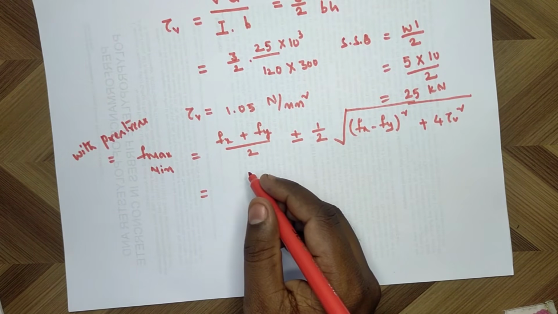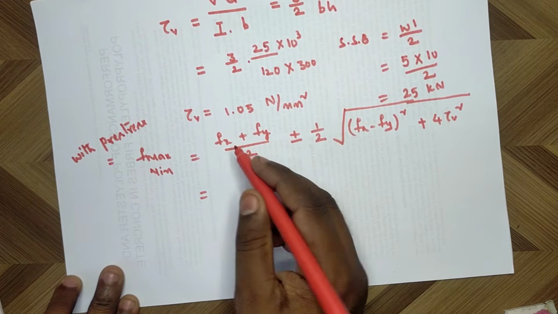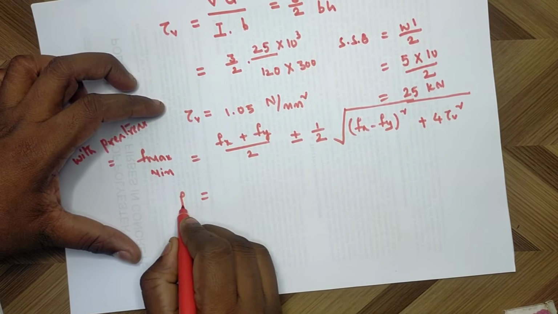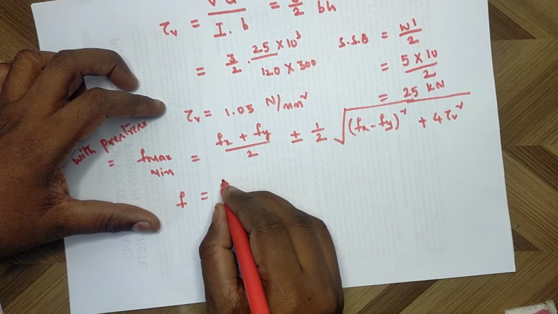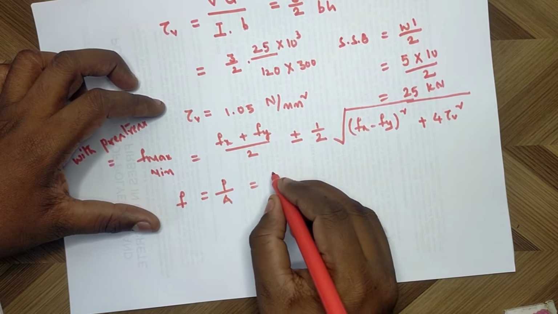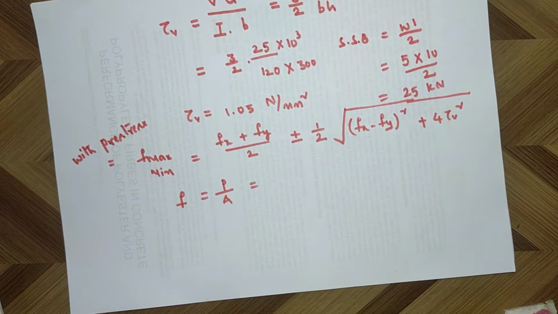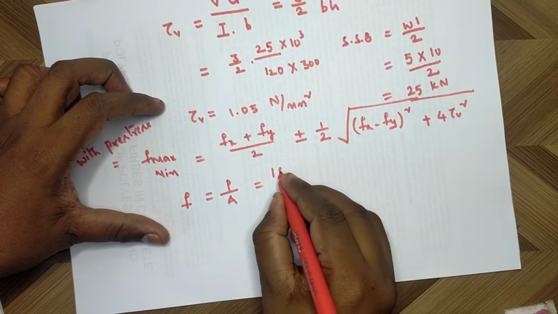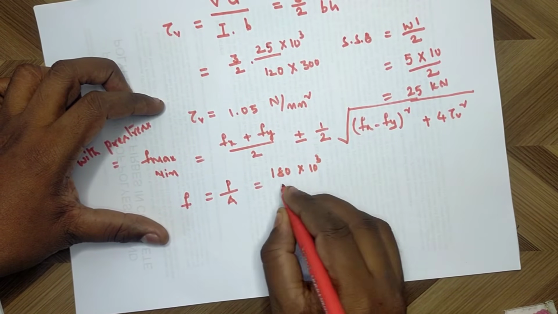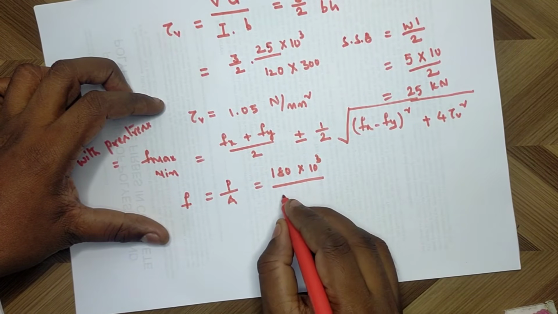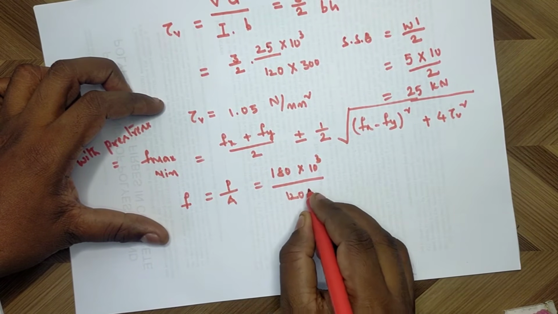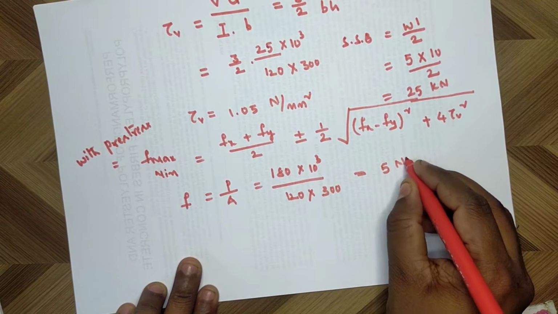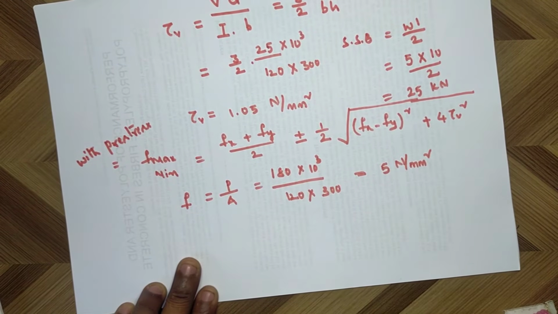Now we need to determine the axial stress. Axial stress is nothing but force by area. The axial force is given as 180 kilonewtons. 180 into 10 cube newtons divided by area. Area is 120 by 300, rectangular section. Now this stress will be 5 Newton per mm square.